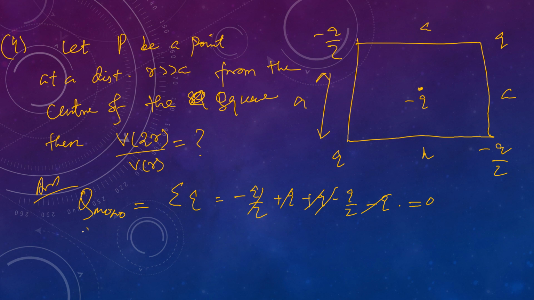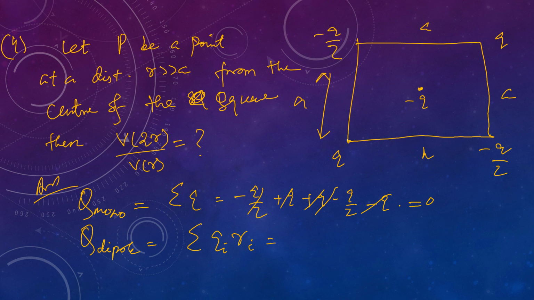That means next we have to check the dipole moment. How will we check dipole? Summation qi ri. To check it, you have to pick an origin here.